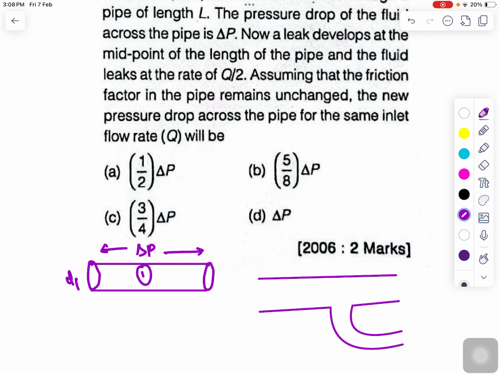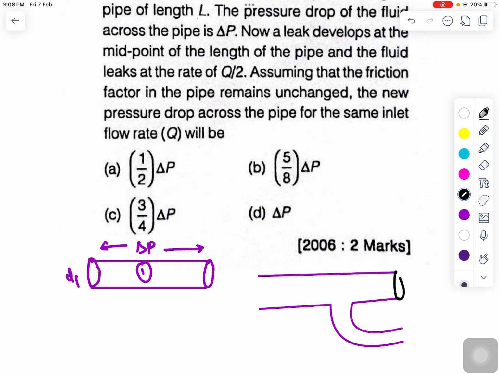So this leak got developed, and after that you can see that some flow rate is happening through this and some flow rate is happening through this. But after an L by 2 distance from here, this one is L by 2 and this one is L by 2, and if it was Q, now the flow rate here is Q by 2 and the flow rate here is Q by 2, right? So the flow rate is getting divided because of the symmetric condition.